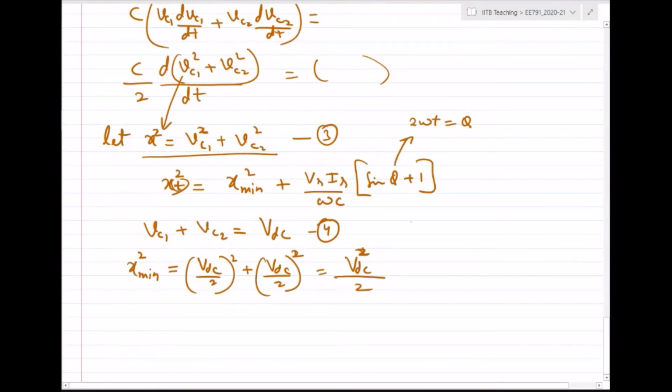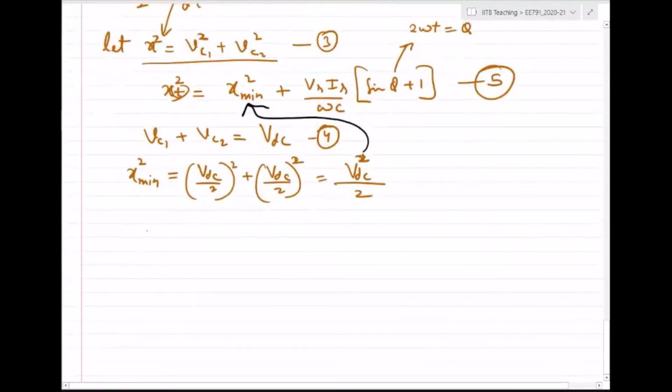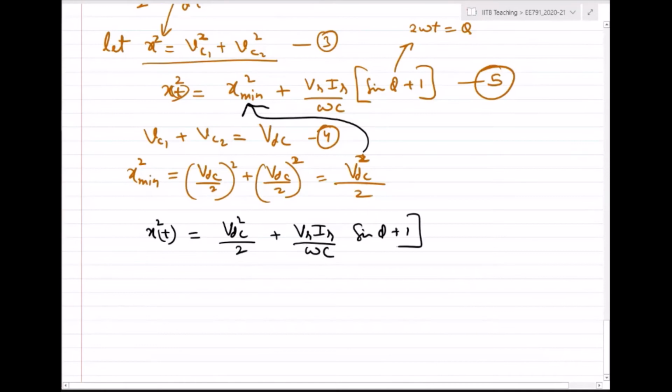So let us substitute this value of x min square into equation number 5. And what we get is x of t square is equal to VDC square by 2 plus VR IR by omega c times sin theta plus 1. So I've done the same thing as I did before.